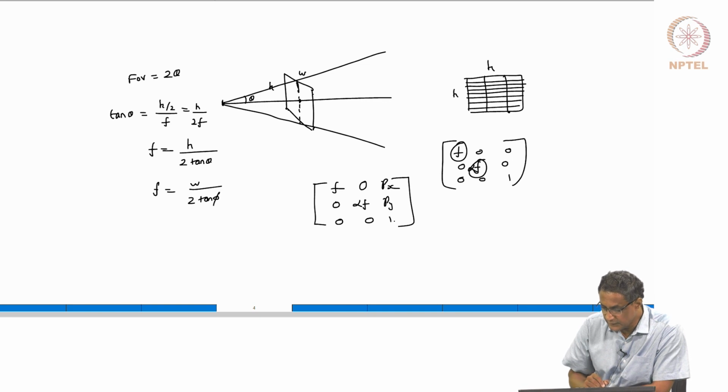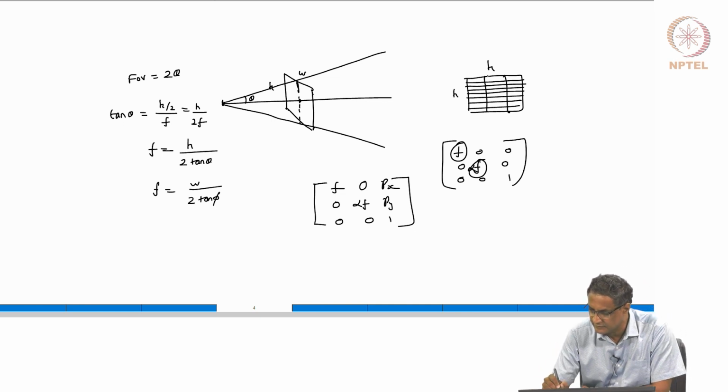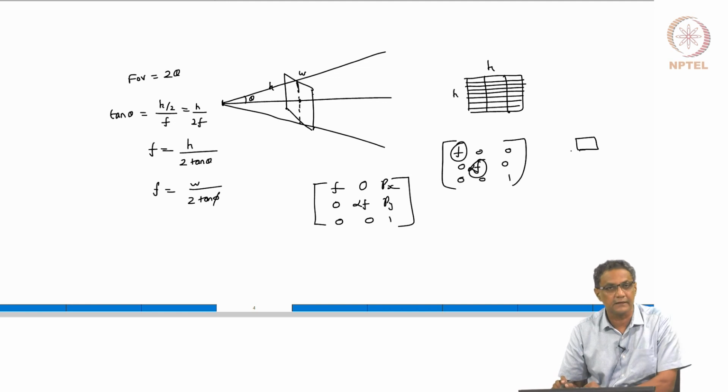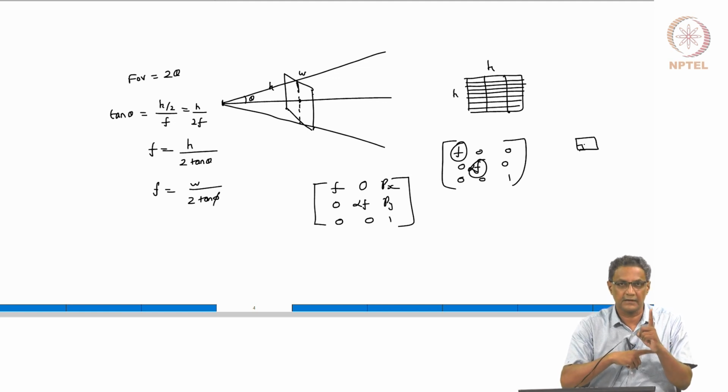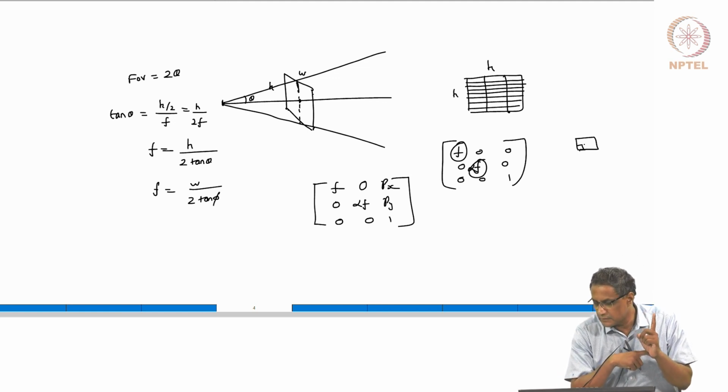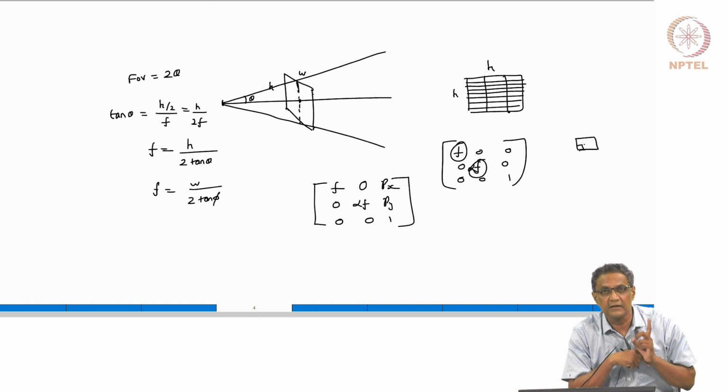Okay, now there is one other thing which can also happen. One of the assumptions which we are making is that each of these pixels is actually a square or a perfect rectangle. We are assuming that this angle is actually 90, that means they're exactly orthogonal to each other. But then we saw some operation earlier.